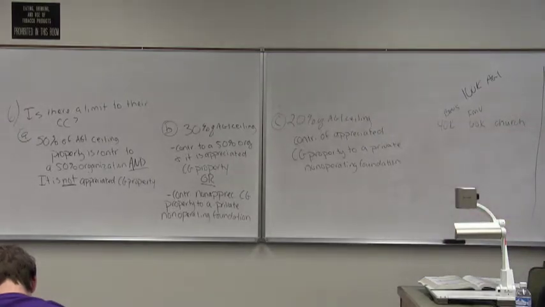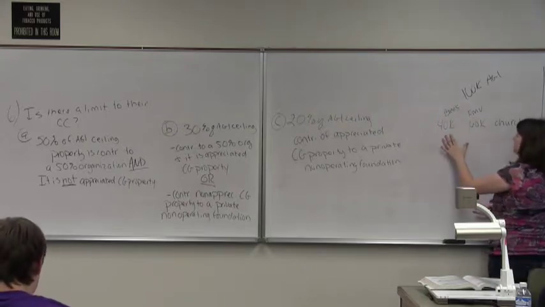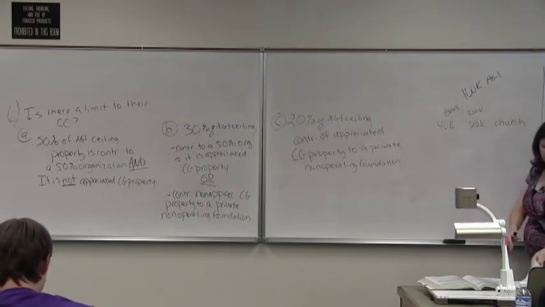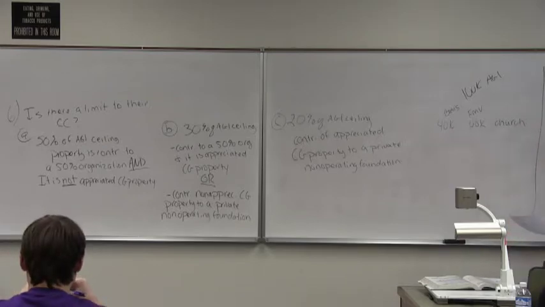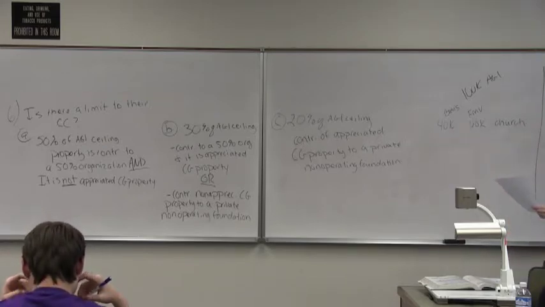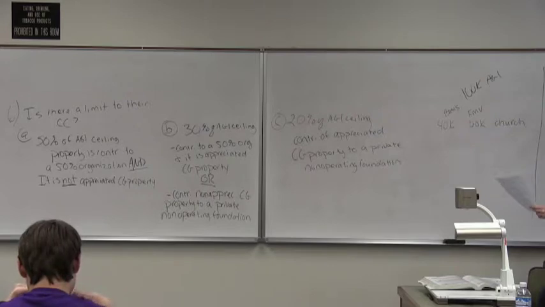So now, first of all, I guess the first question is, is the church a 50% organization? Yes, already answered that. Second question, what is going to be the value of their contribution? Is it going to be the basis or the fair market value? Yes, you're right, fair market value.